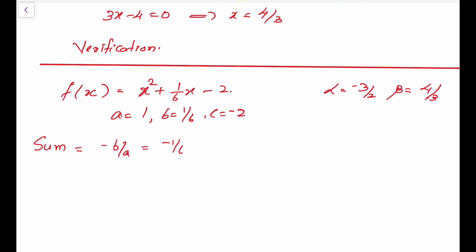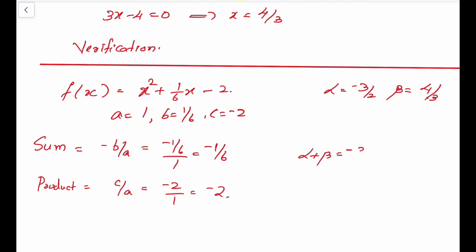So sum is equal to minus b by a. So minus 1 by 6 by 1 is minus 1 by 6. Product equal to c by a is minus 2 by 1 equal to minus 2. Here alpha plus beta is equal to minus 3 by 2 plus 4 by 3.